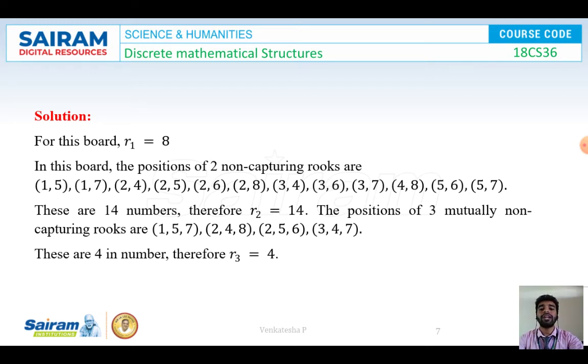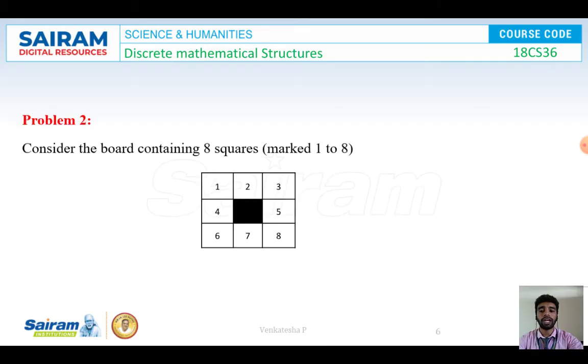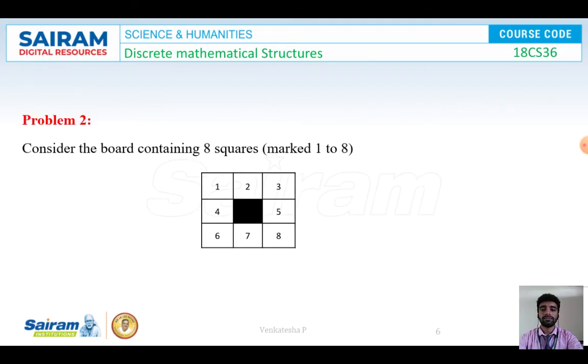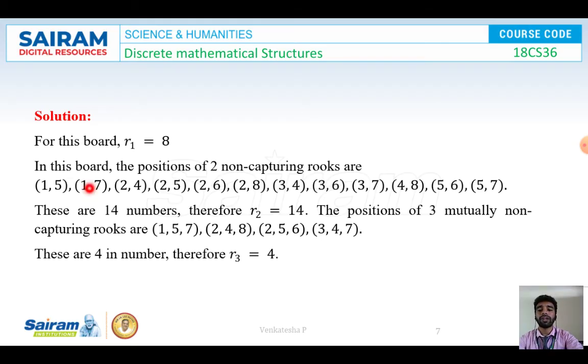And this board having 2 non-capturing rooks are 14 in number, that is 1,5; 1,7; 2,4; 2,5; 2,6; 2,8; 3,4; 3,6; 3,7; 4,8; 5,6; 5,7. They are 14 in number, so R2 is equal to 14.